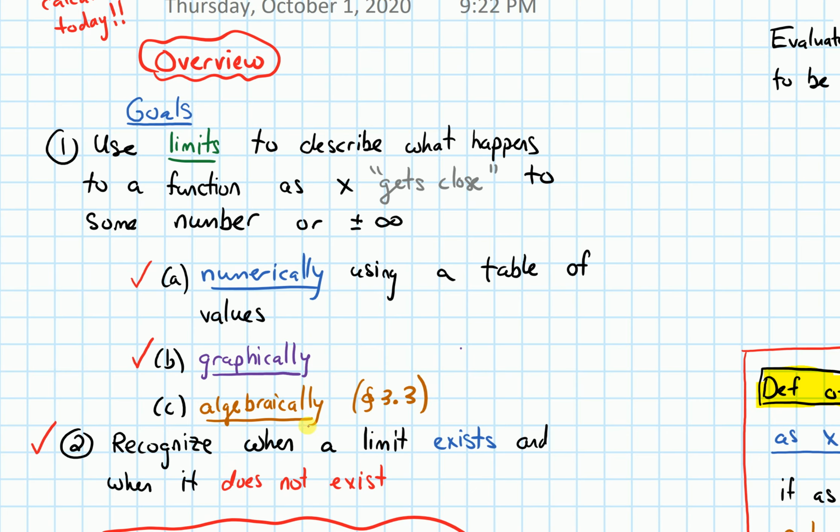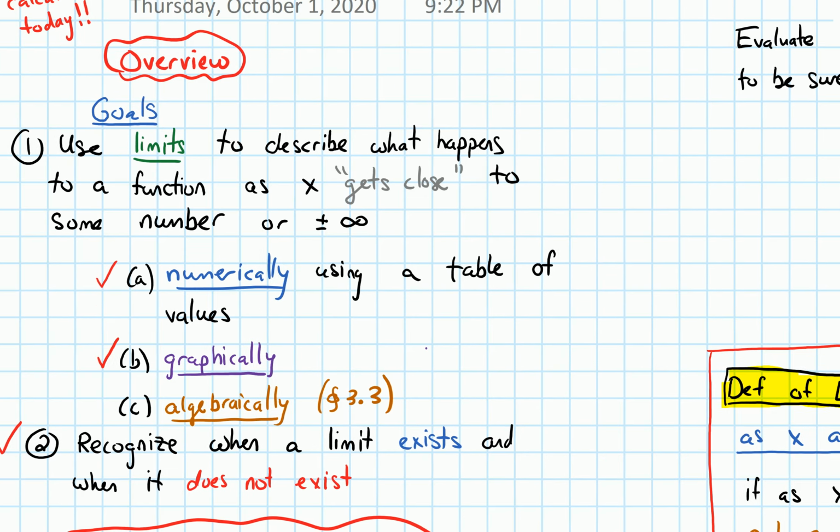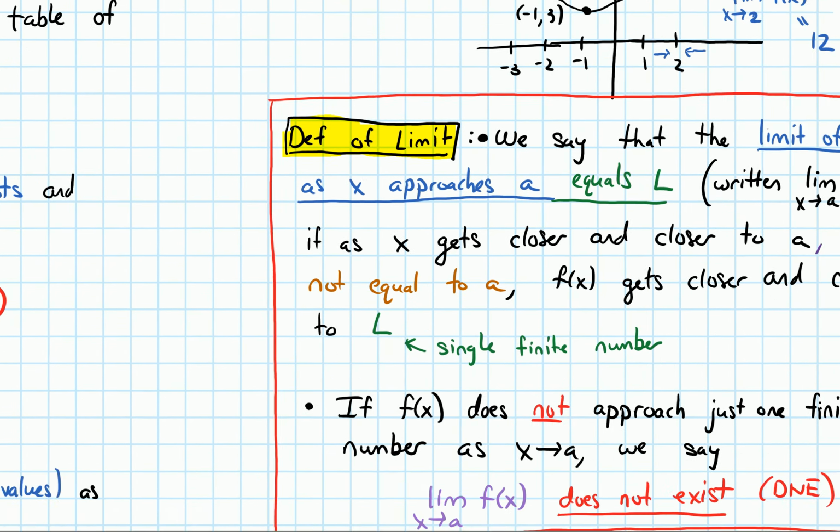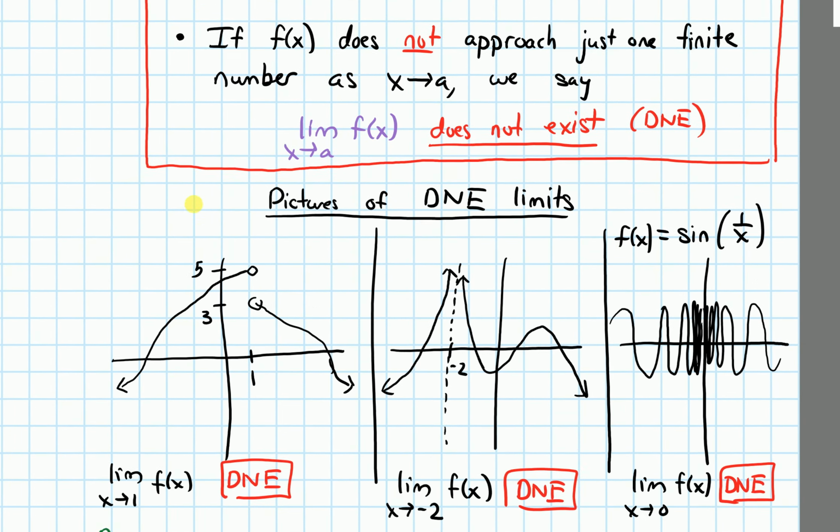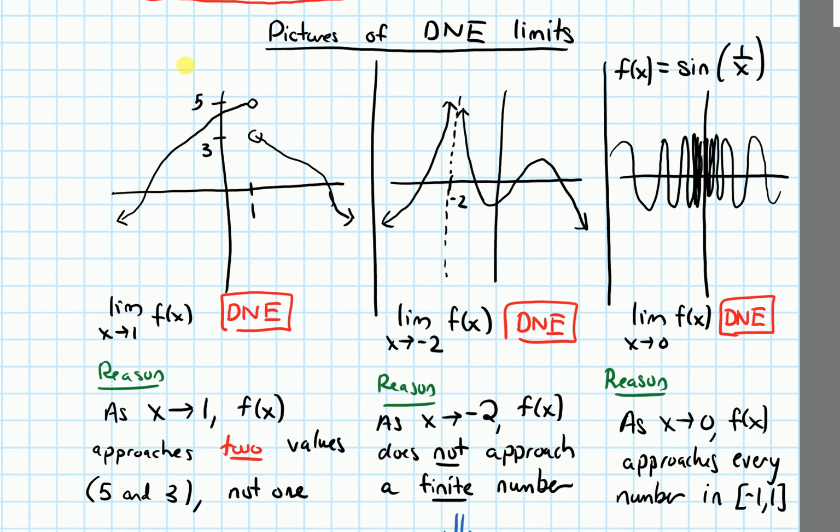We've talked about how we can recognize when a limit exists and when it doesn't. We talked about that in this video in terms of looking at the one-sided limits. And we also talked about it in the last video where we drew a few pictures of what scenarios of a limit not existing would look like.